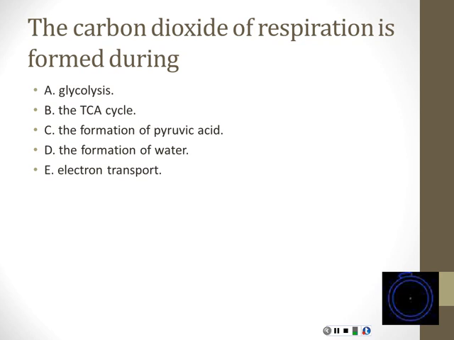This is an important point because we all learn in grade school that we need oxygen and we make carbon dioxide. Once you understand this piece, now you know why those things are true. The CO2 comes from the citric acid cycle as these hydrogen ions are freed up so they can power ATP production.